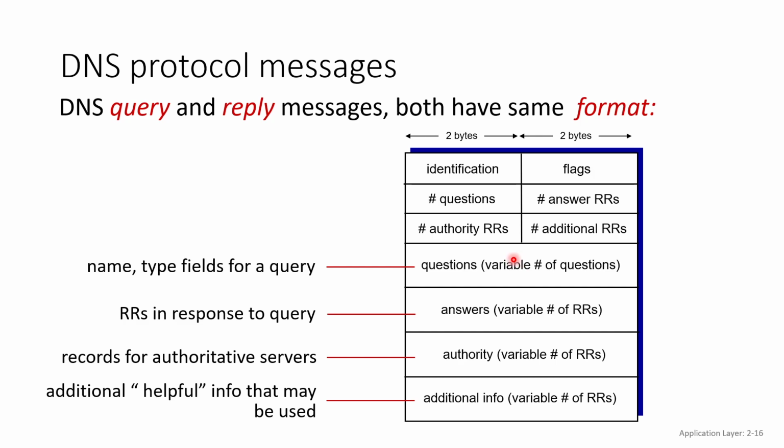As you can see, what is the question about? The question is about the name, and whatever you want from the query. Give me the IP address of, or resolve for me the URL of takealot.com. Now, do you have the resource record? What responses do you have for me?